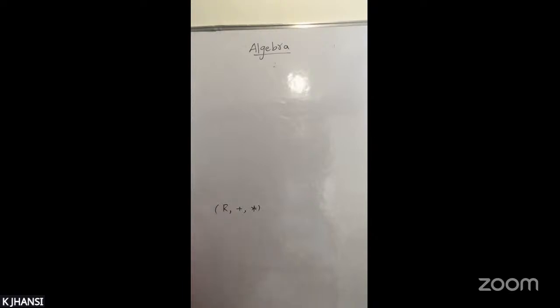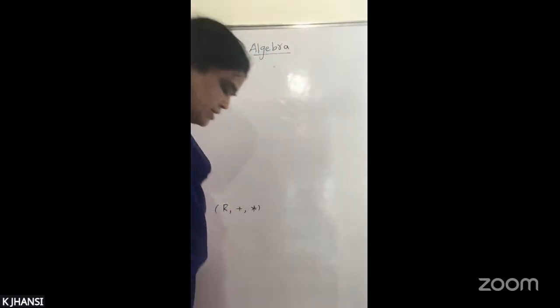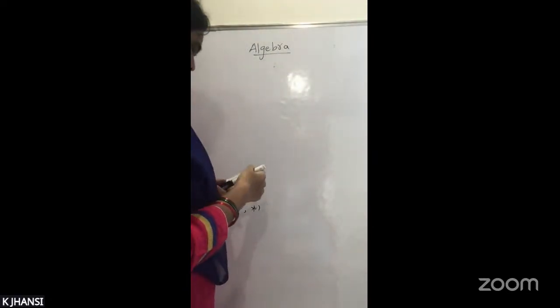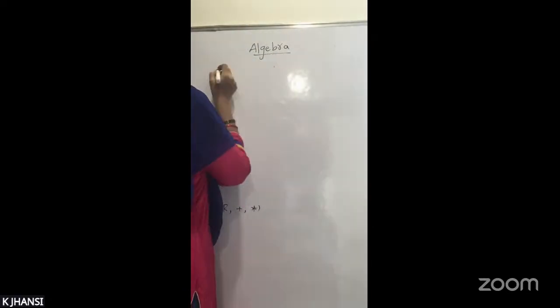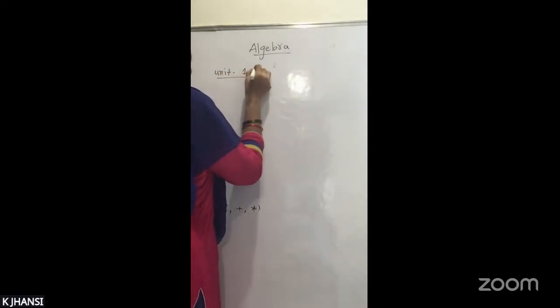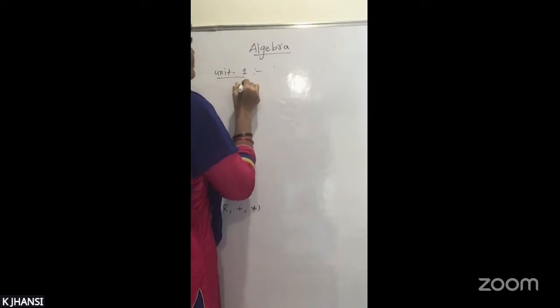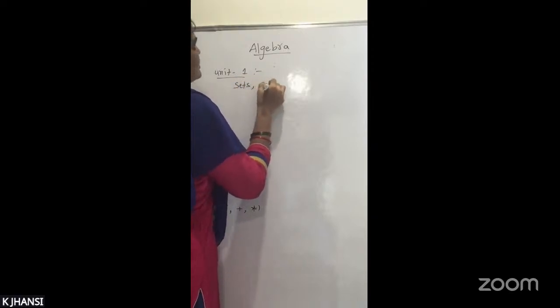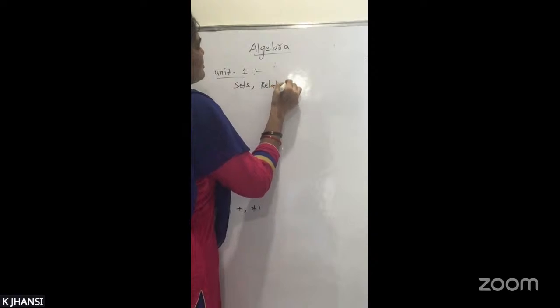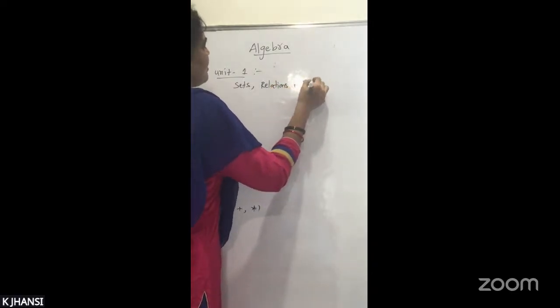So once you go through that, you can easily understand the concept of that one. Okay. So first unit is about sets, relations and also functions.